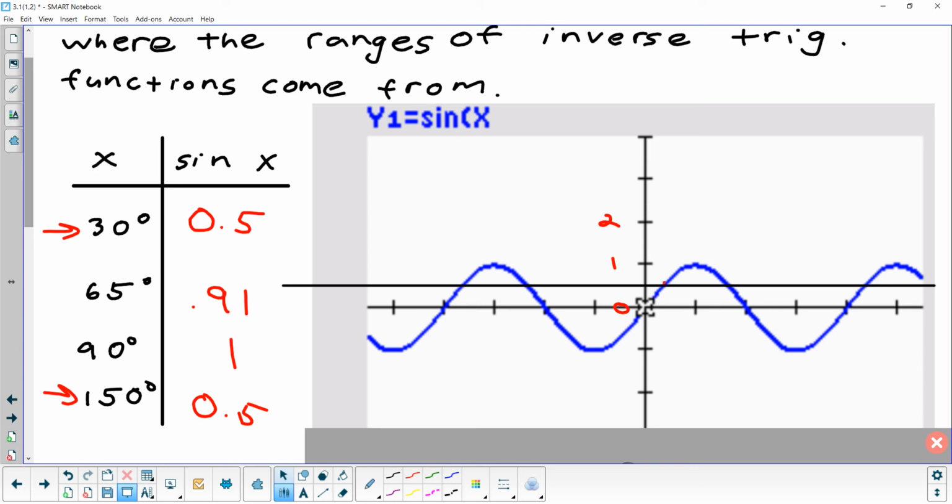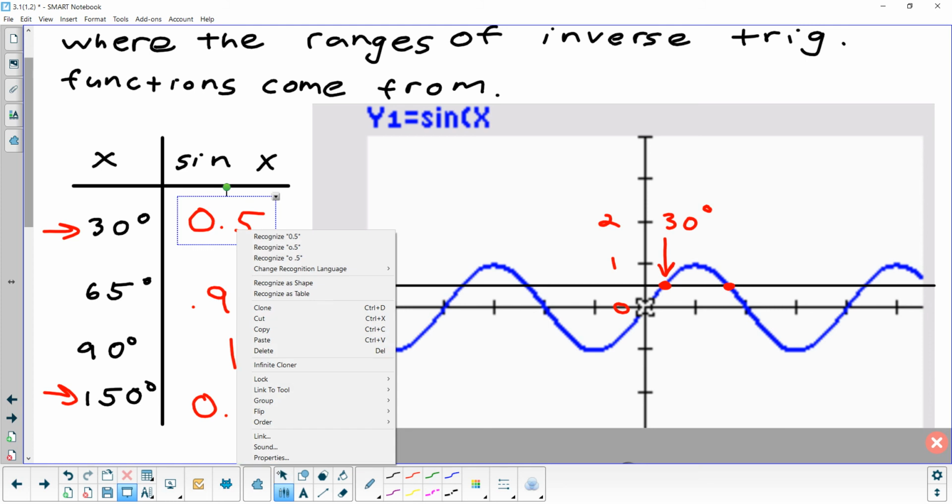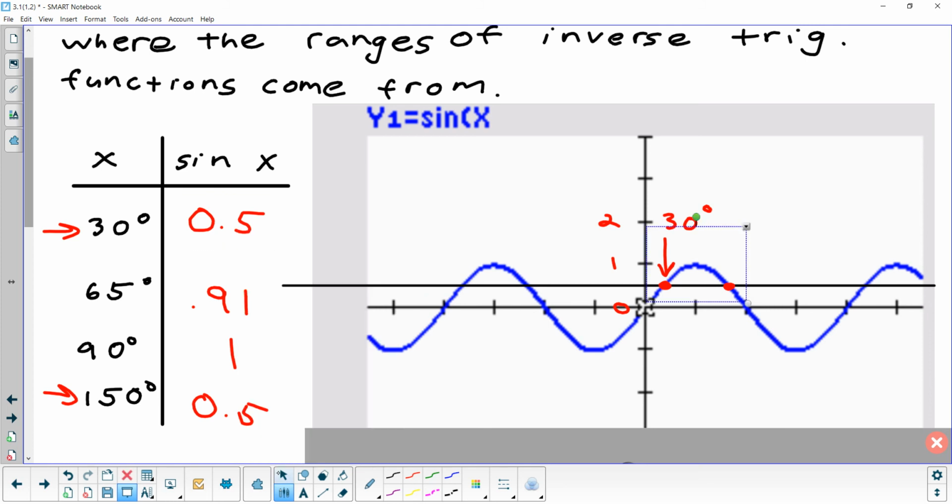It crosses here, and then it crosses again here. Well, that one that I just pointed to, that's 30 degrees. That's the first time that you hit 0.5 on that blue wave. Then you hit it again here. That's 150.